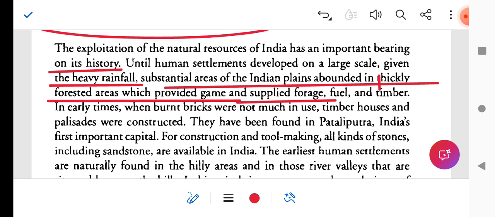In early times, when burnt bricks were not much in use, in the early Harappan period, timber houses and palisades were constructed.